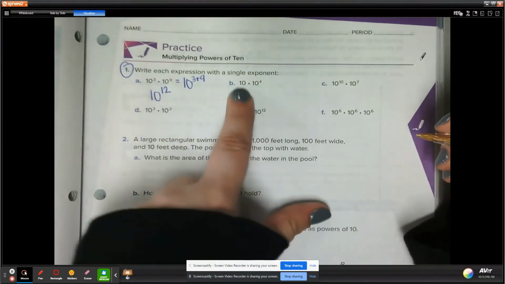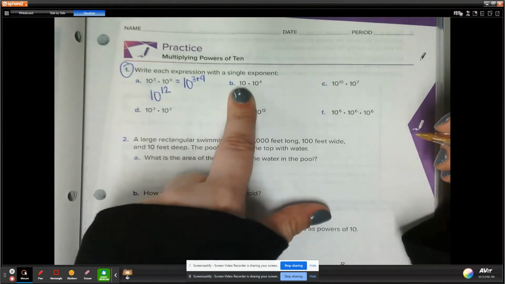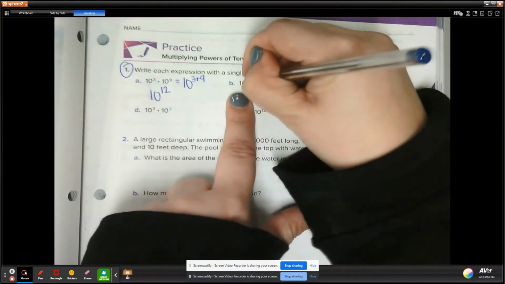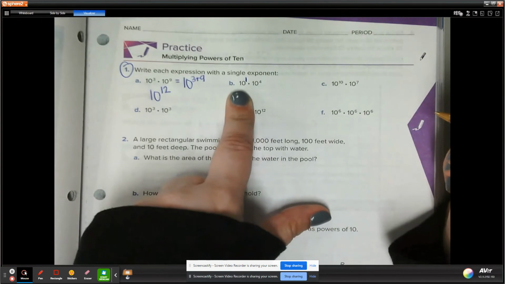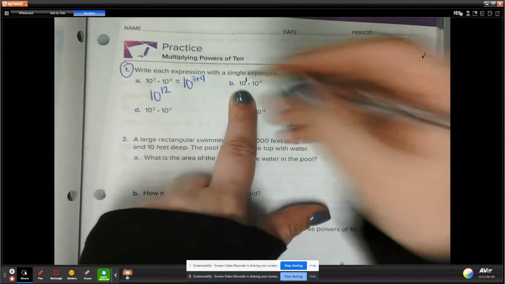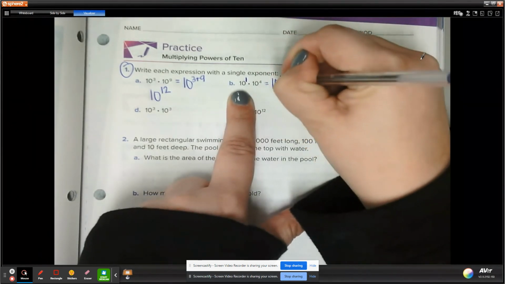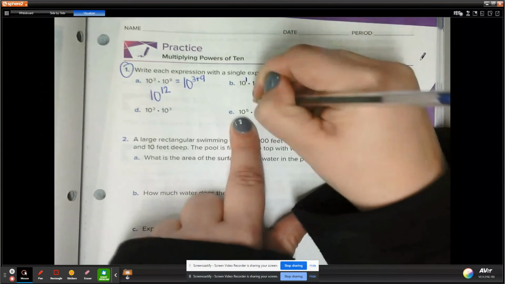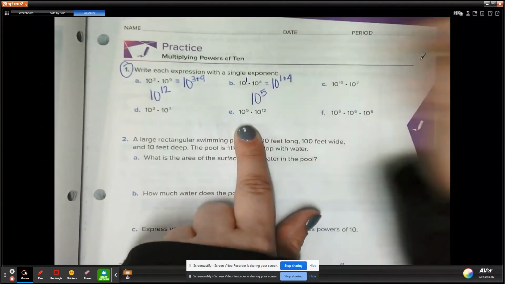B, you want to be careful because since there's no exponent, there's really an imaginary 1, because 10 is the same as 10 to the power of 1. It's just itself. So you get 10 to the 1st plus 4th power, so you get 10 to the 5th.